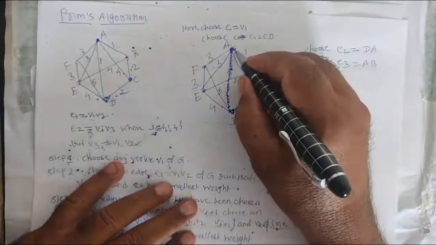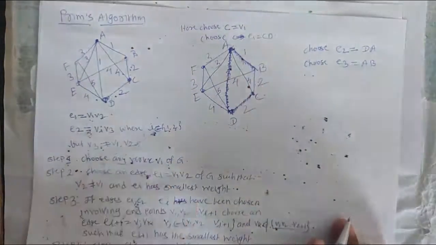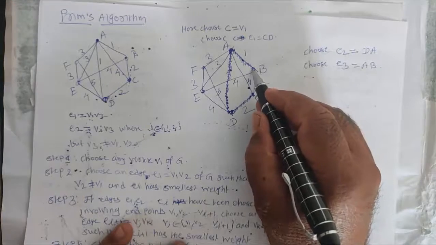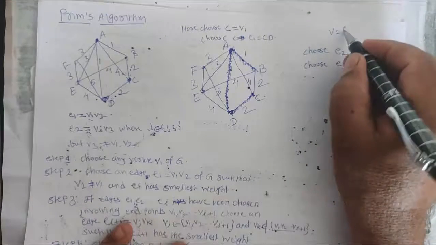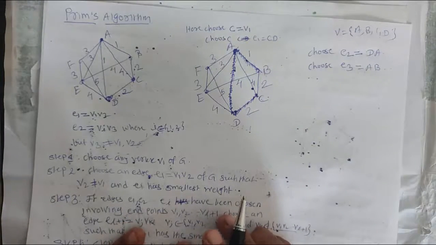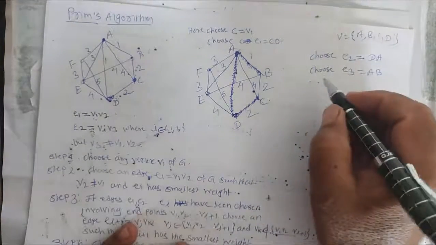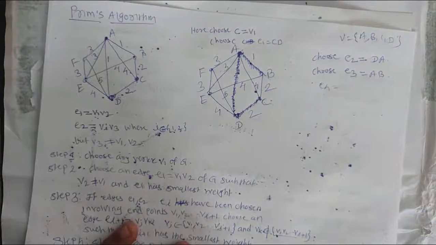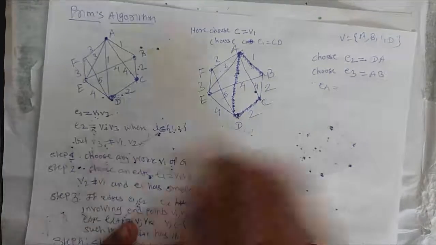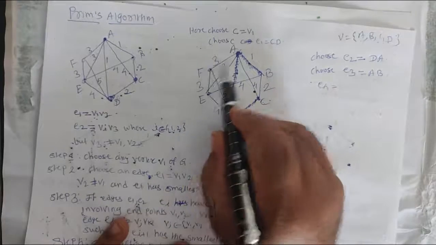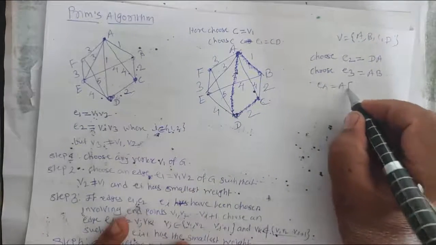Here the chosen vertices are A, B, C, D. Now again choose an edge E4 of minimum weight incident to these vertices. Here choose AF. E4 is equal to AF.